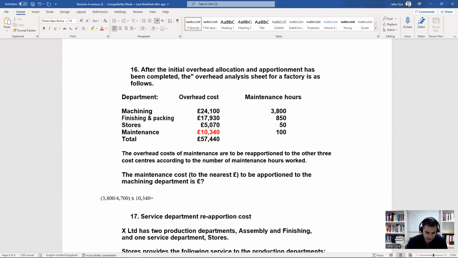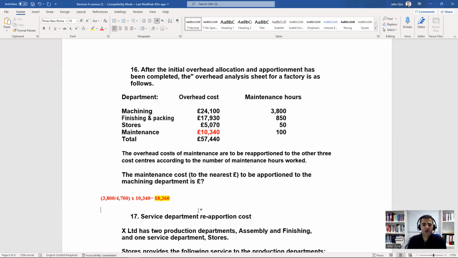So if you divide 3,800 by 4,700 and then multiply by 10,340, that gives you 8,360. So the answer is 8,360, and that's related only to the machining department.